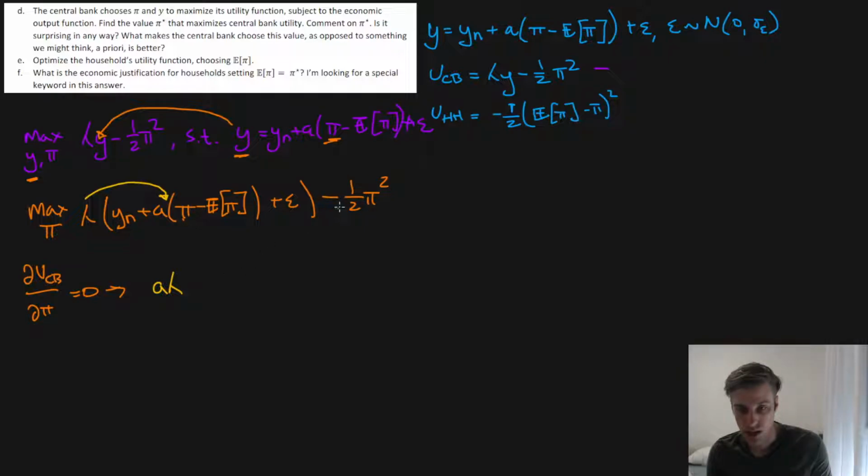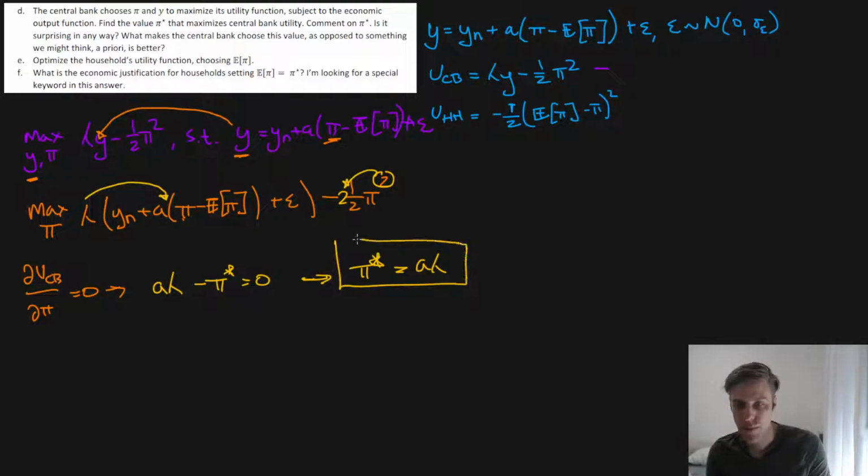Epsilon is all 0, okay? And then over here, we have minus 1/2 pi squared, so the 2 will come down. The 2 cancels, and so we just have lambda minus pi equals 0. And we can call this pi star because this is the optimum value. So solving this, we get that pi star is just equal to a lambda. Okay, and we're done.